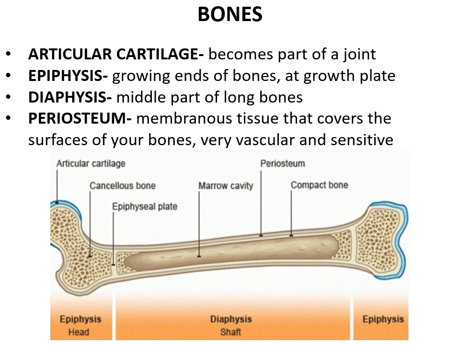The diaphysis is the middle part of the bone, the shaft, and then lining the surface of your bones is what's called the periosteum. It's almost like a saran wrap that's really vascular and extremely sensitive.